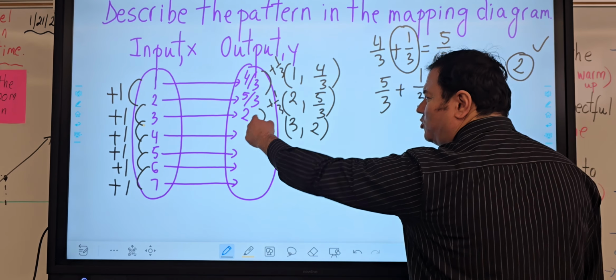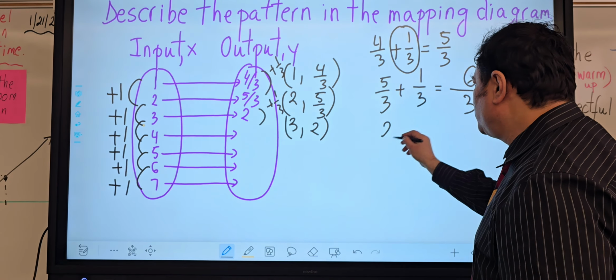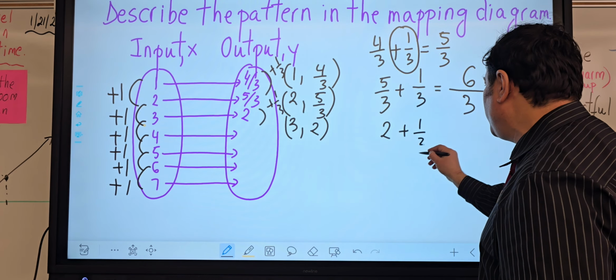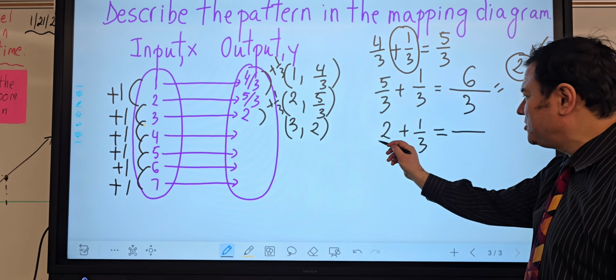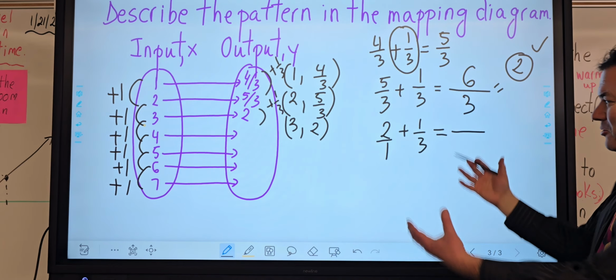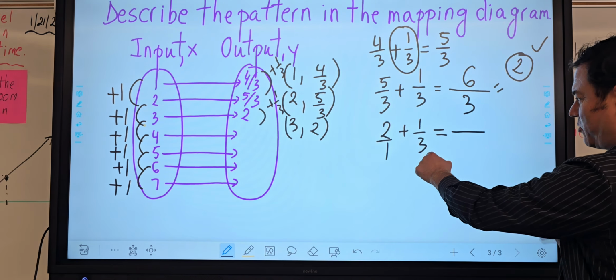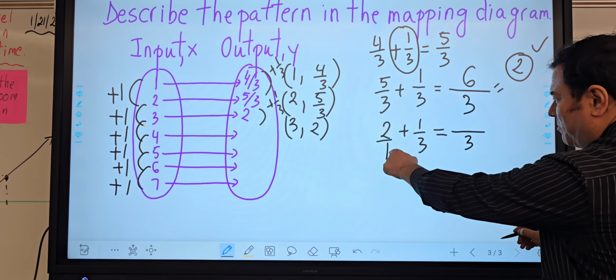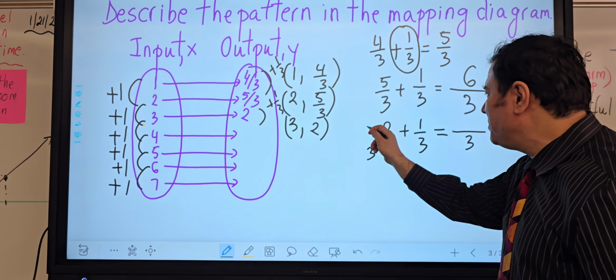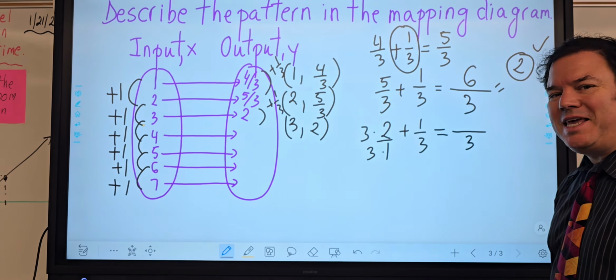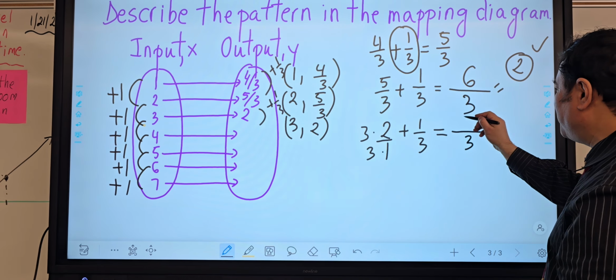Let's add 2 plus 1/3. So 2 plus 1/3 equals, make sure we put a 1 under the 2. And now we need to find the common denominator, which is 3. We need to multiply 1 by 3. Whatever we do on the bottom, we do on the top. 3 times 2 is 6. 6 plus 1 is 7.